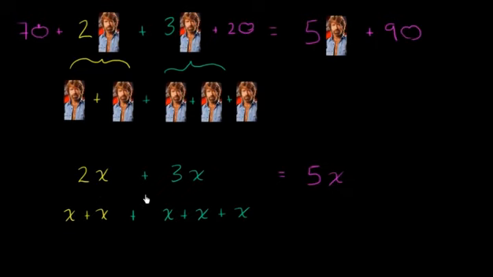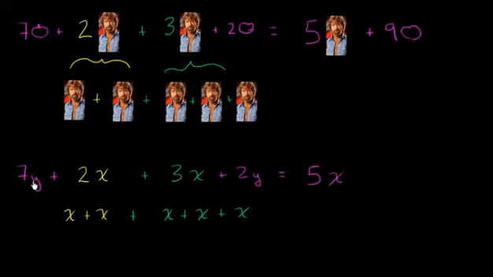Similarly, over here, if I had, instead of just 2x plus 3x, if I had 7y plus 2x plus 3x plus 2y, what do I now have? Well, I can't add the x's and the y's. They could very well represent a different number. So all I can do is really add the x's, and then I get the 5x, and then I'd separately add the y's.